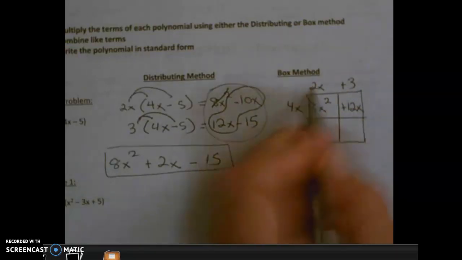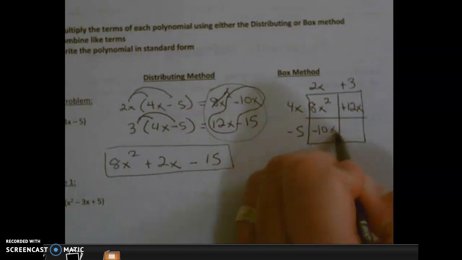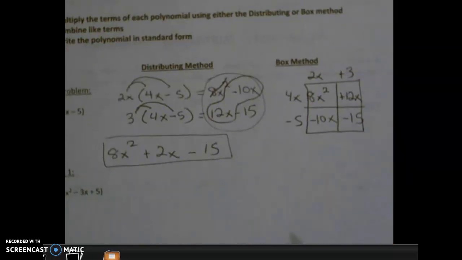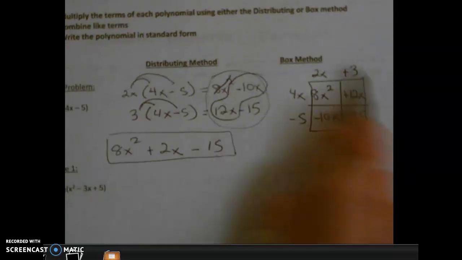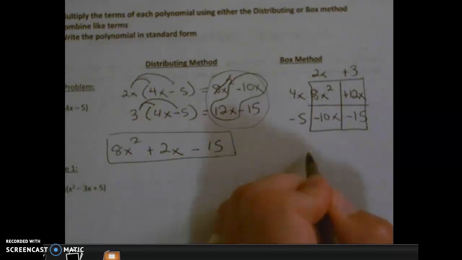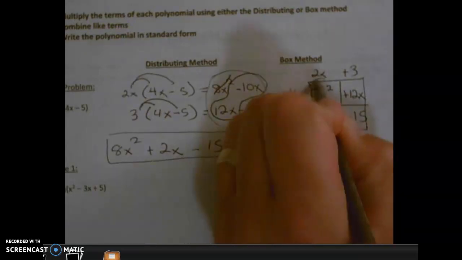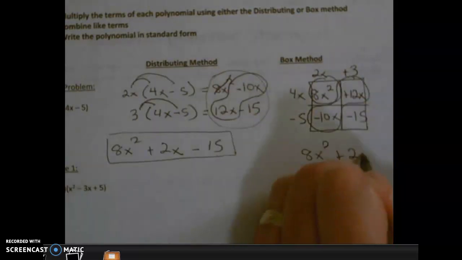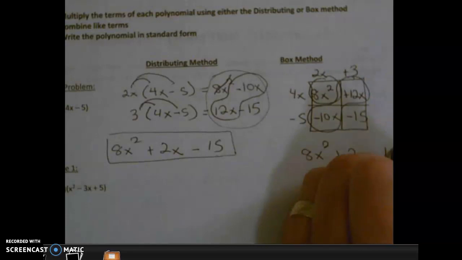Negative 5 times 2x. Negative 5 times 3. And then, of course, we do the combining of like terms. This term goes first. We combine these like terms. And the constant goes on the end. Same answer.